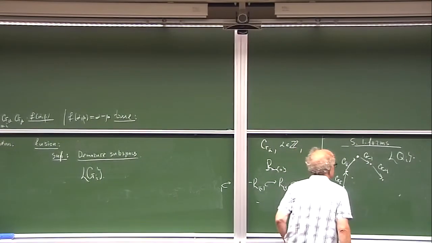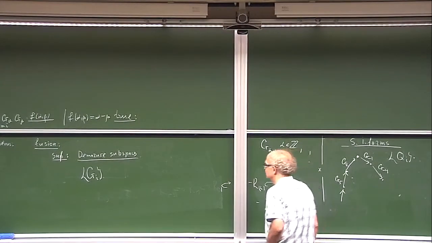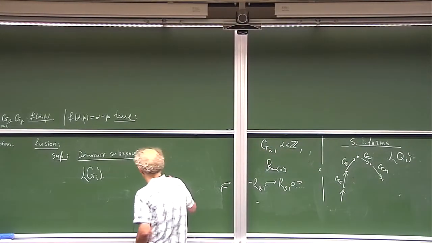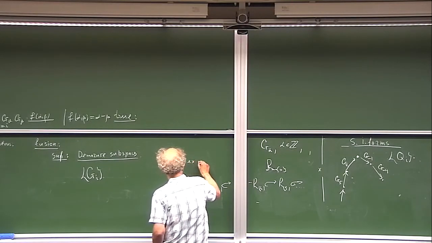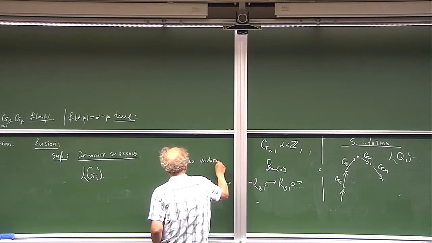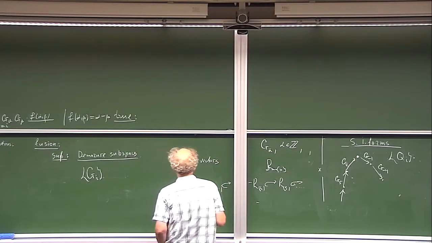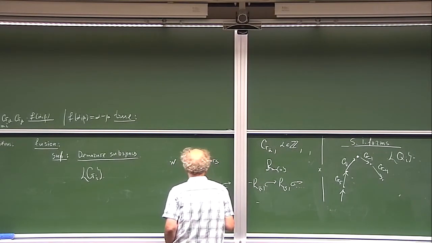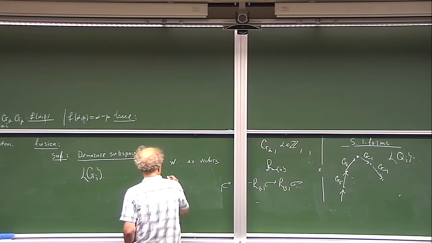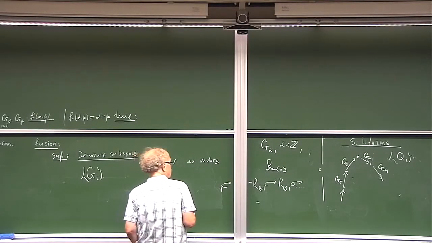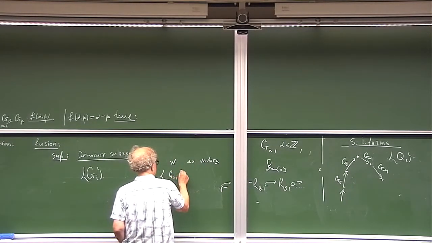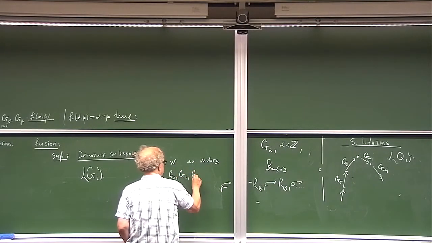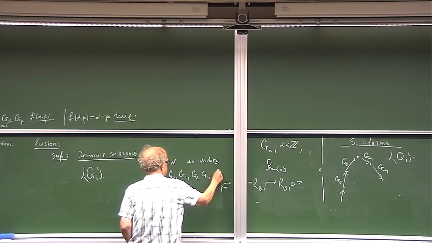And the de Mazur subrepresentations are defined in which way? I take some extremal vector W. W can be one of these extremal vectors. And after that, I apply to this extremal vector the annihilation operators. More precisely, I act by the algebra generated by operators G0, G1, G2, G3, and so on.